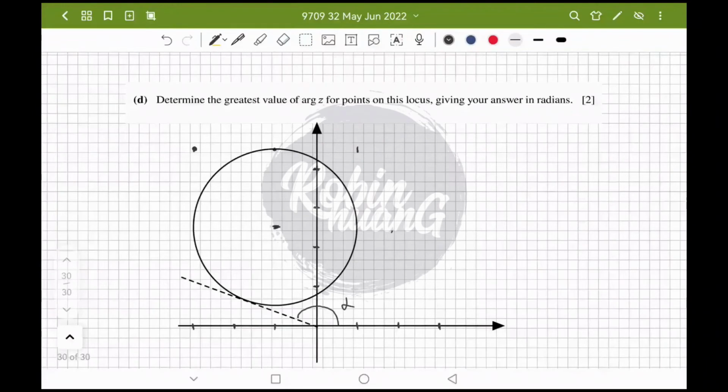First of all, we know that this is in the second quadrant, so we put this part as pi over 2. Then next we need to find the rest of it.